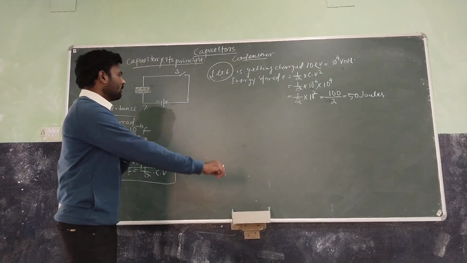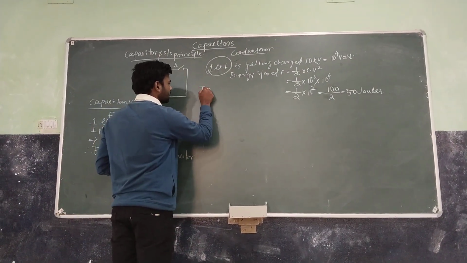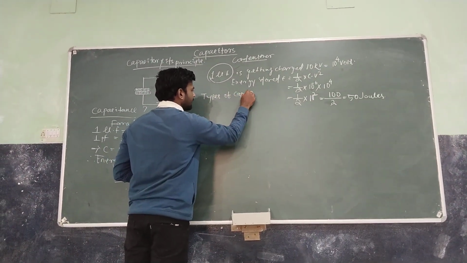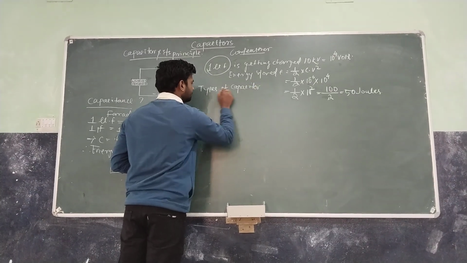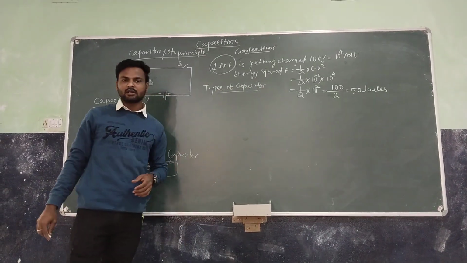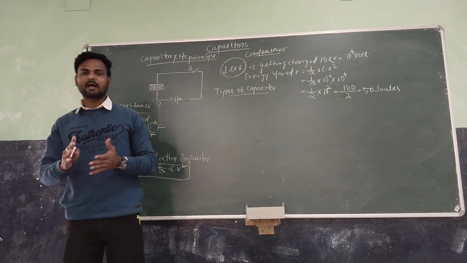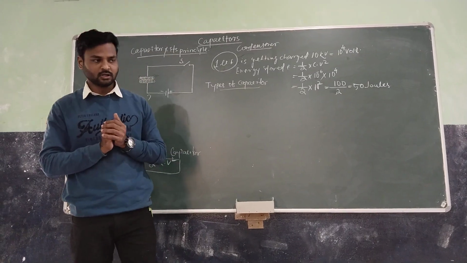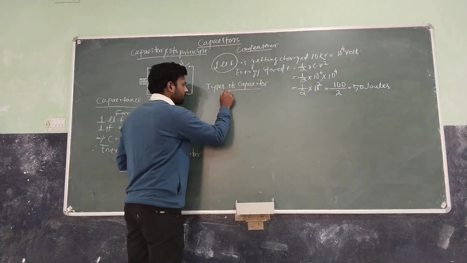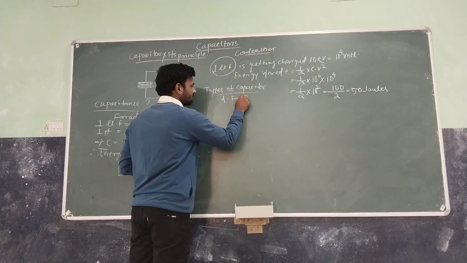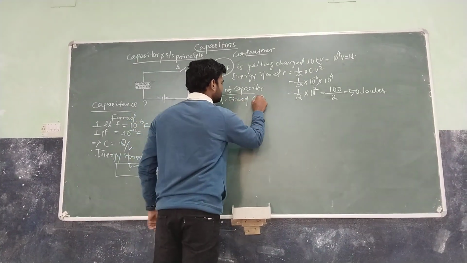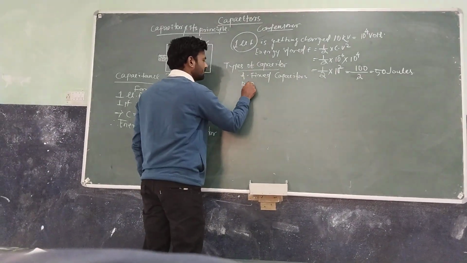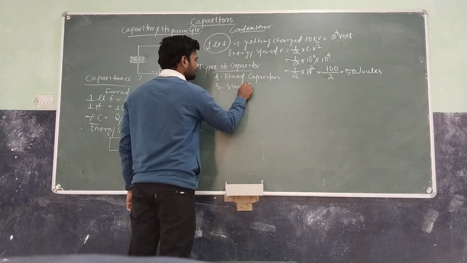Then we will know the types of a capacitor. According to their dielectric medium, capacitors are basically 2 types: one is fixed capacitor, another is variable capacitor.